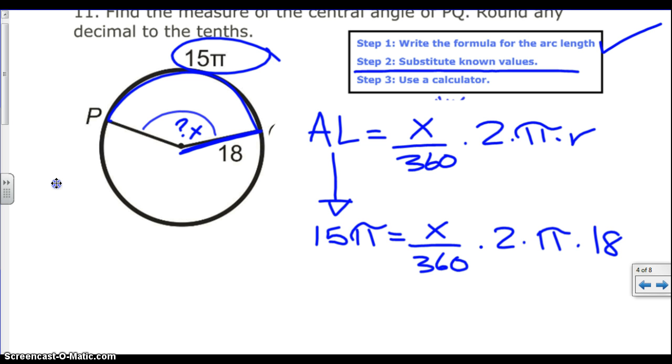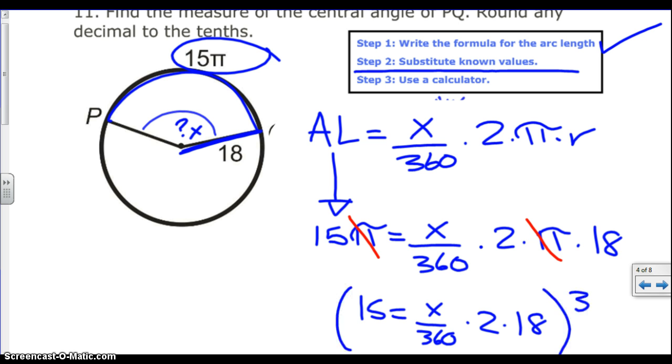Now we can cancel the pi's on each side, and that leaves things nice and easy. So we have 15 equals x over 360 times 2 times 18. Now we want to get that 360 out of there, so we multiply both sides by 360.